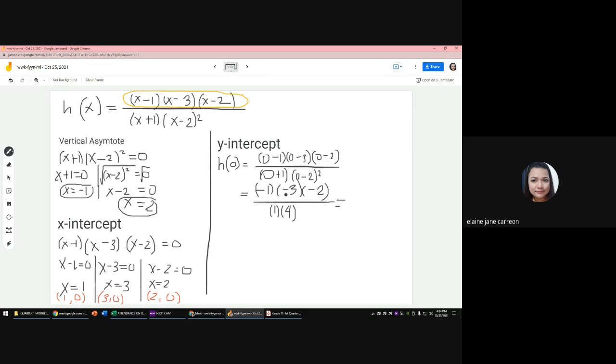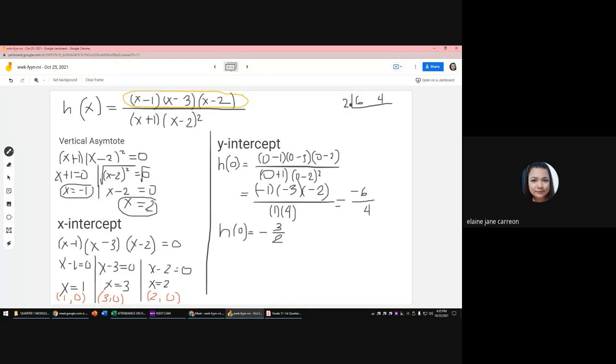Negative 1 times negative 3 is positive 3. Positive 3 times negative 2 is negative 6. Over 1 times 4 is 4. So, lowest term, ang ating h of 0, ang ating y, okay, is negative 3 over 2. Paano po naging 3 over 2 yan, ma'am? So, sulat mo 6 at 4. Si 6 ang numerator, si 4 ang denominator.